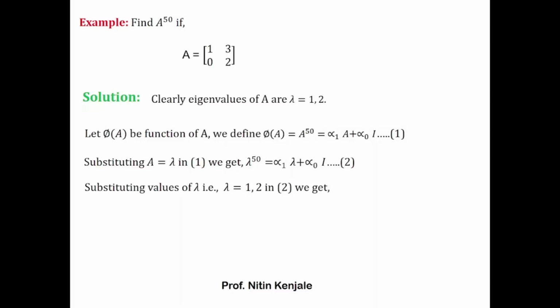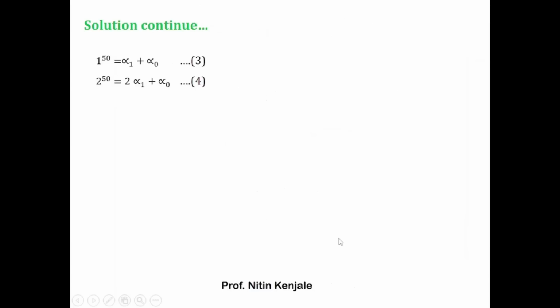So our next equation is 1 raised to 50 is equal to alpha 1 plus alpha naught. Similarly, after substituting lambda is equal to 2 in equation number 2, we get 2 raised to 50 is equal to 2 into alpha 1 plus 1 into alpha naught. We label these two equations as equation number 3 and 4. Carry forwarding these equations on my next slide.